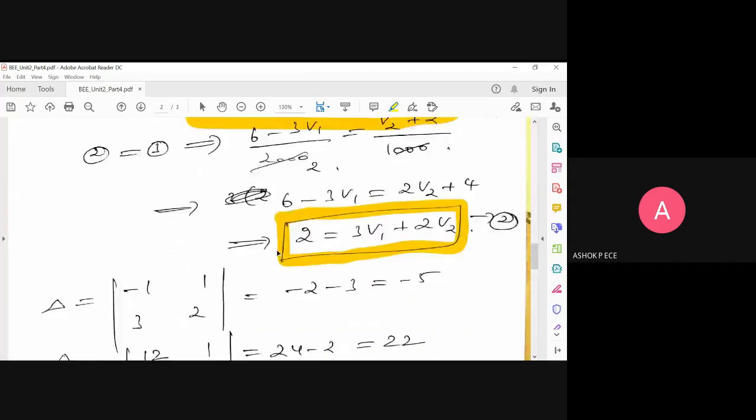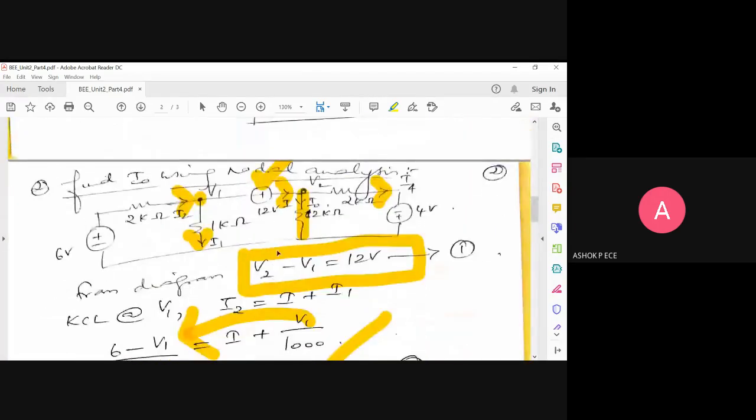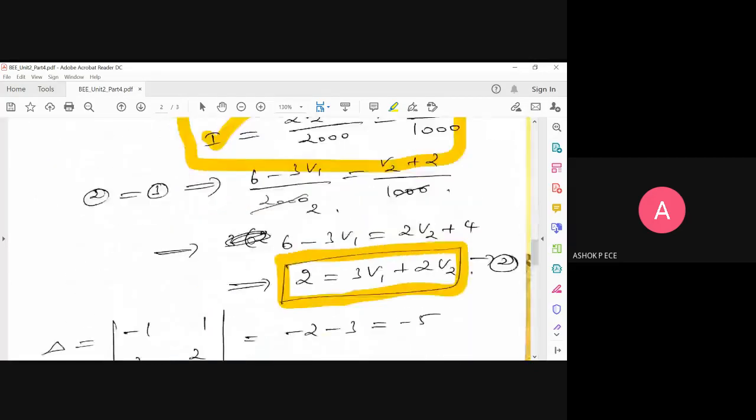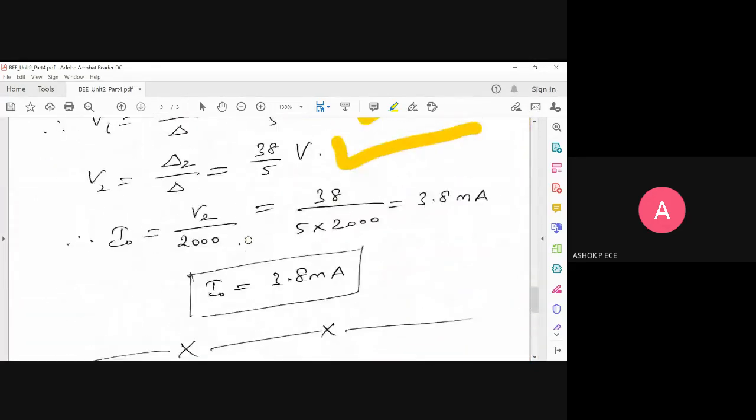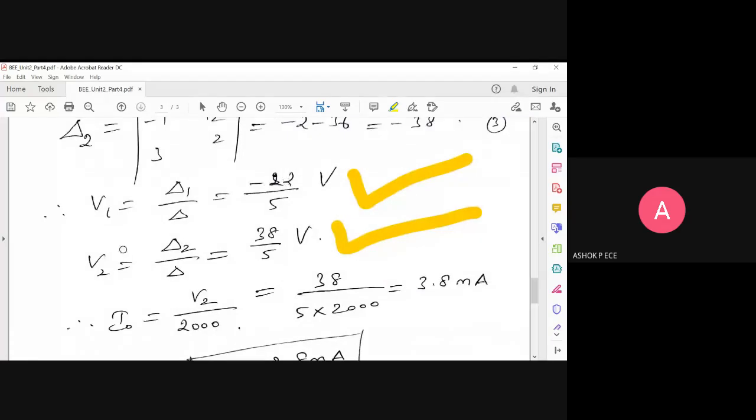See, generally when you have a voltage source connected between two nodes, the negative is connected to V1, right? So V1 will tend to be negative, and since plus is connected to V2, V2 will tend to be positive. Here you are getting it the same way: V1 is a negative value and V2 is a positive value. It will not happen always, but most of the time we can predict.